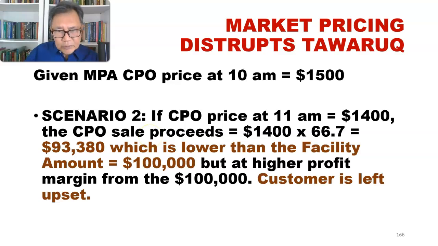So the customer will be disappointed because he was expecting to get hold of the full amount of 100K, but he or she is only getting 93,380.